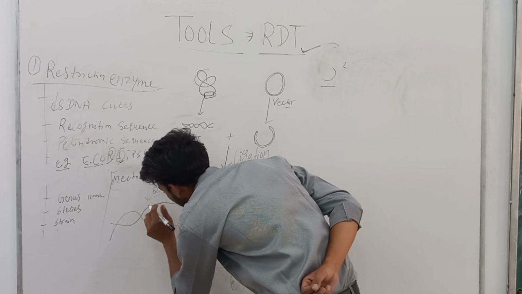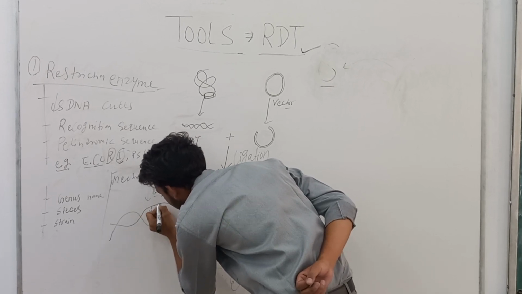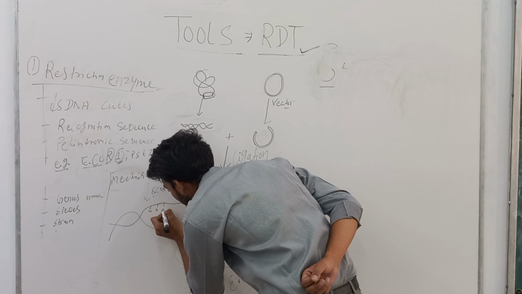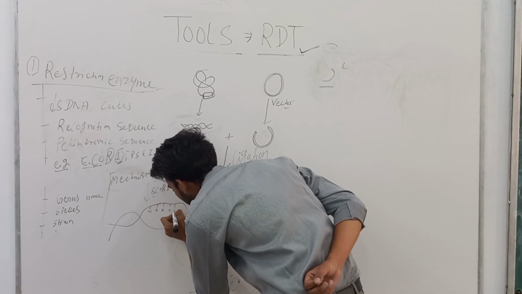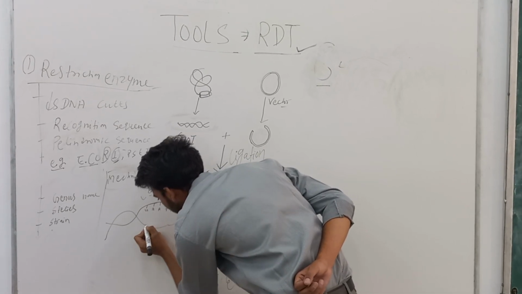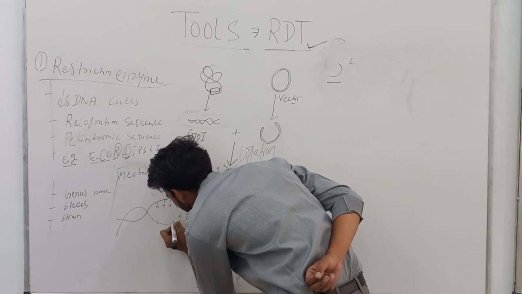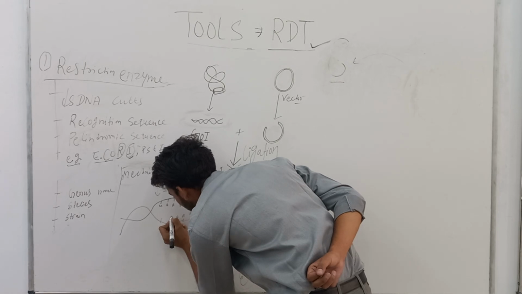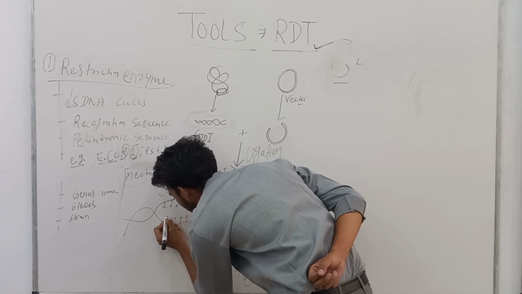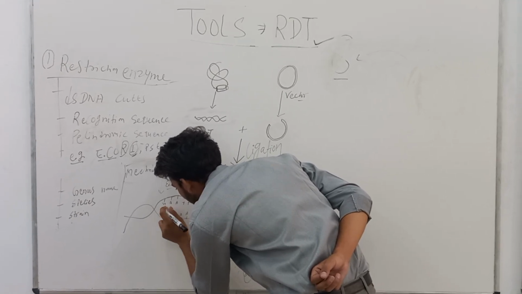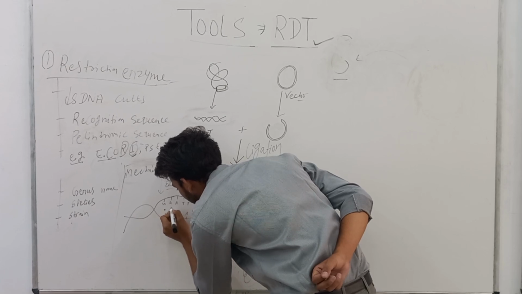Here I am drawing this recognition sequence, like G A A T T C, and the same on the other strand, and we'll add bonds between them.